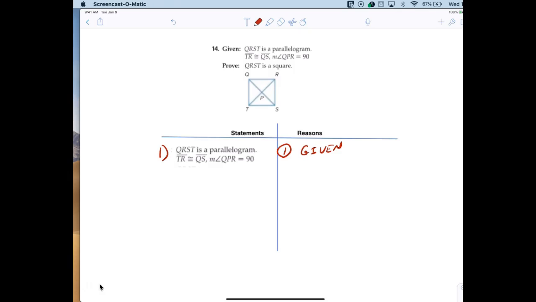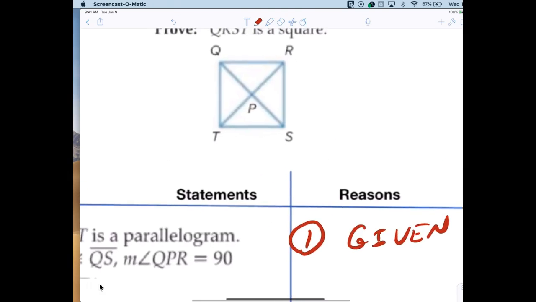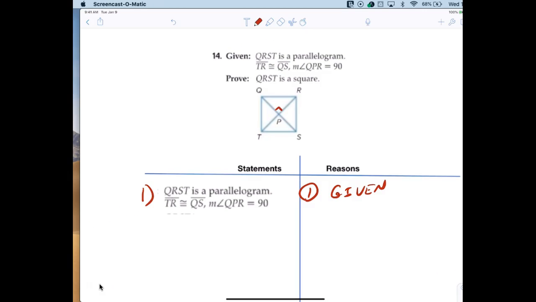Okay, so it says angle QPR is 90, and TR is congruent to TS. So what does TR congruent to QS mean?